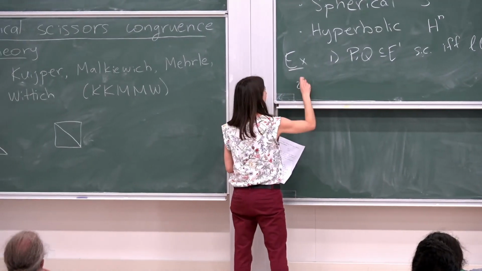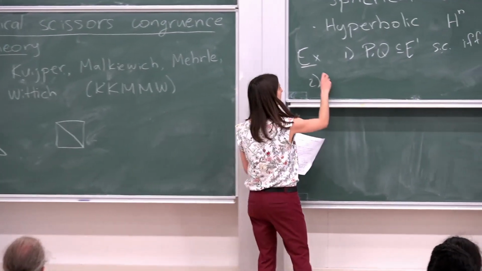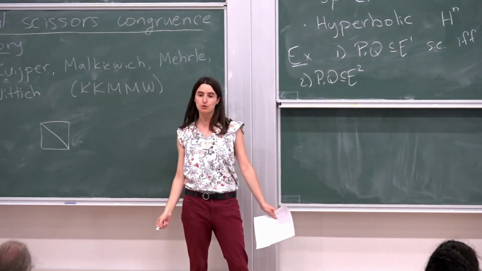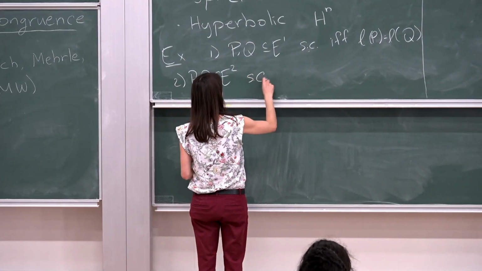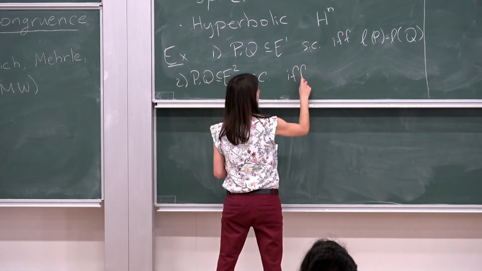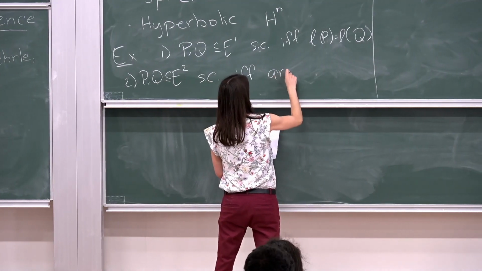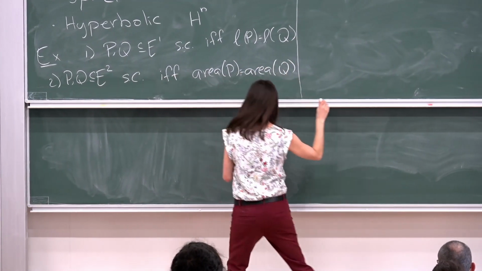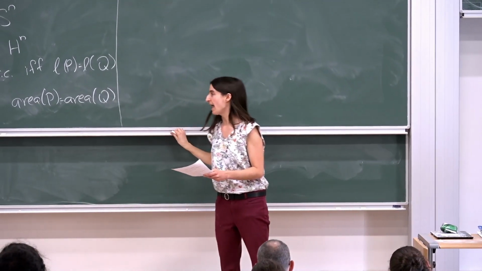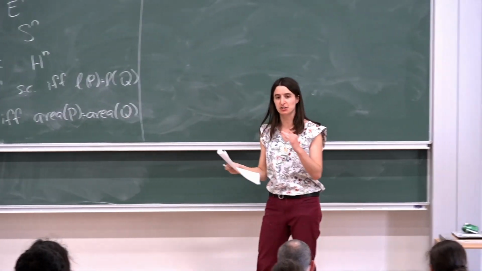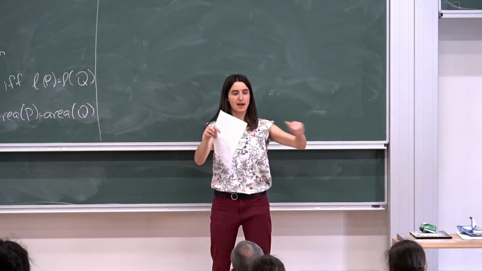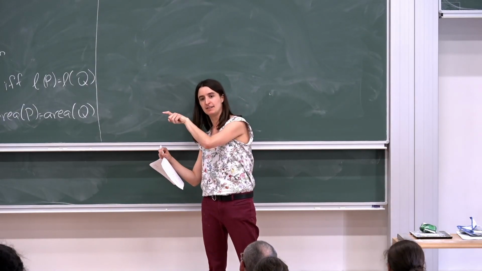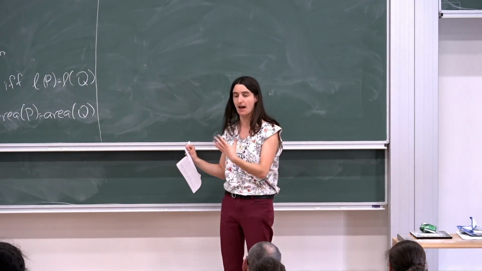Continuing this trend, polytopes in two-dimensional Euclidean space are scissors congruent if and only if their areas are the same. There are various proofs of this, but essentially you can always cut off triangles from your polytope and assemble it into a rectangle that's 1 by area. That is how that goes.